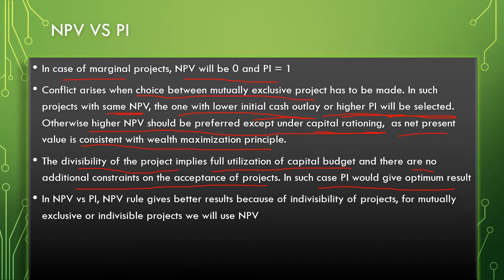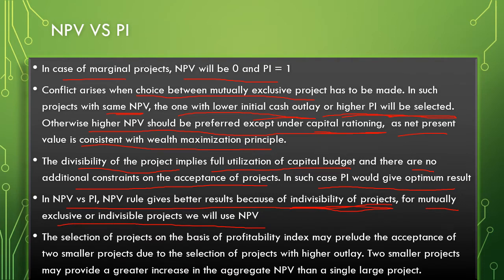In NPV versus PI, the NPV rule gives better results because of indivisibility of projects. During indivisibility of projects, you should choose NPV. For mutually exclusive or indivisible projects, we will use NPV. The selection of projects on the basis of profitability index may preclude the acceptance of two smaller projects due to the selection of a project with higher outlay.